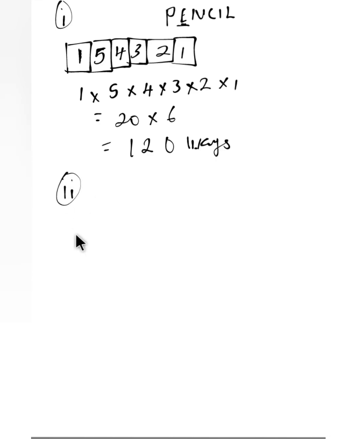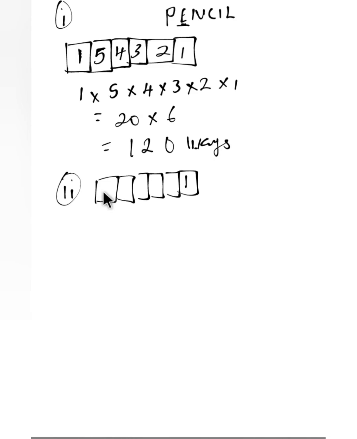So let's move to II. In II, the question is, how many end with P? So let's create the 6 slots. 1, 2, 3, 4, 5, 6. So how many of those alphabets will end with P? It means that the last slot must contain only P, which is 1. E, N, C, I, L can't appear here, so here can contain just 1.